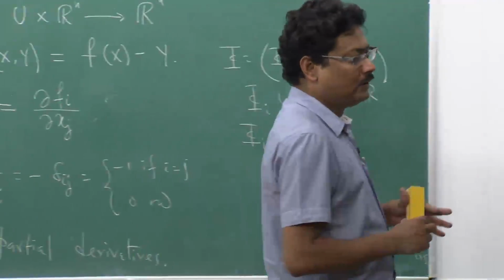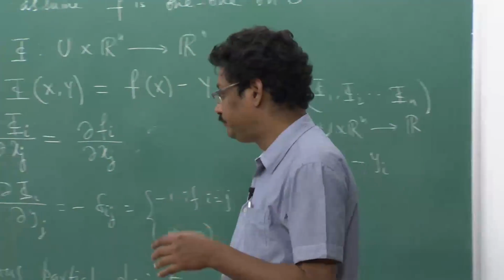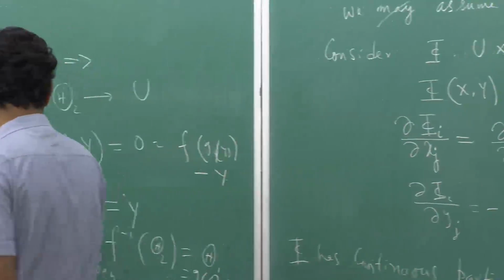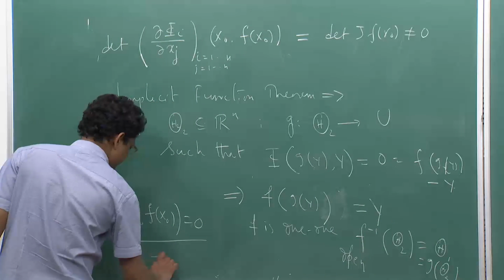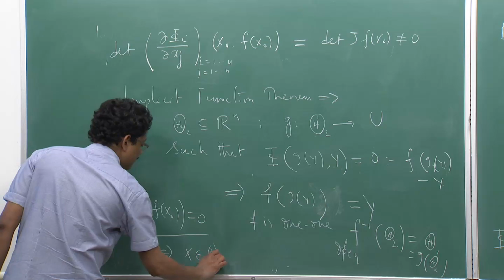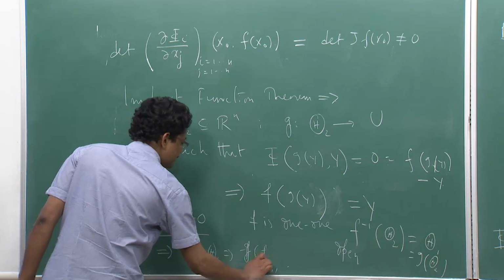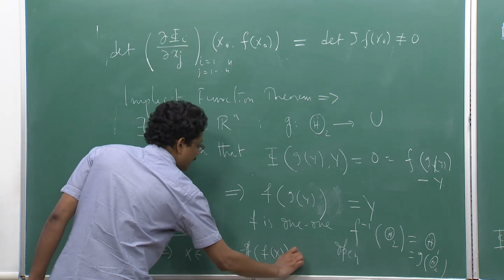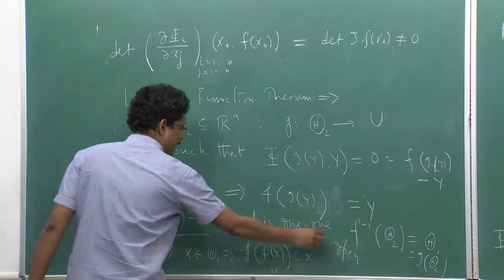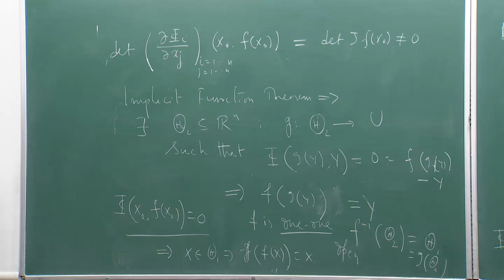And since f is 1-1, x in theta 1 implies g of f x equals x. This is by 1-1ness again. So, that gives the existence of g, which is actually the inverse of f.